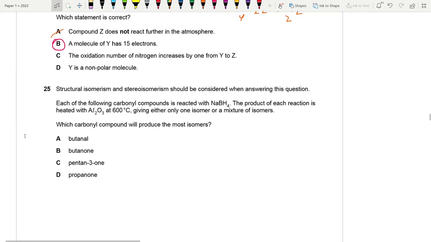25. Structural isomerism and stereoisomerism should be considered when answering this question. Each of the following carbonyl compounds is reacted with sodium borohydride, NaBH4. The product of each reaction is heated with aluminum oxide, giving either only one isomer or a mixture of isomers. Which carbonyl compound will produce the most isomers? Okay. Butanal, CH3CH2CH2CHO.